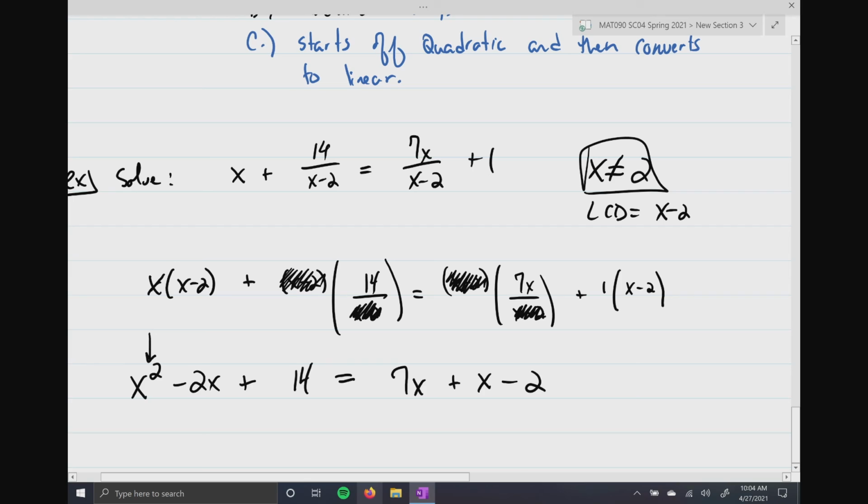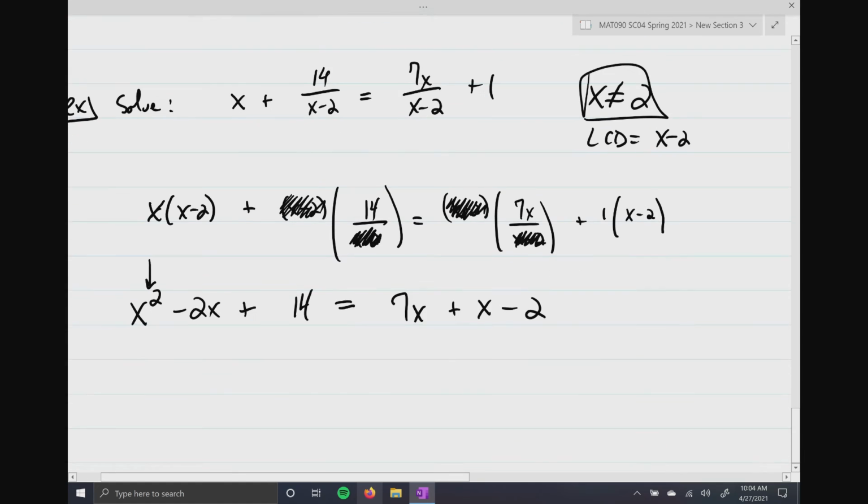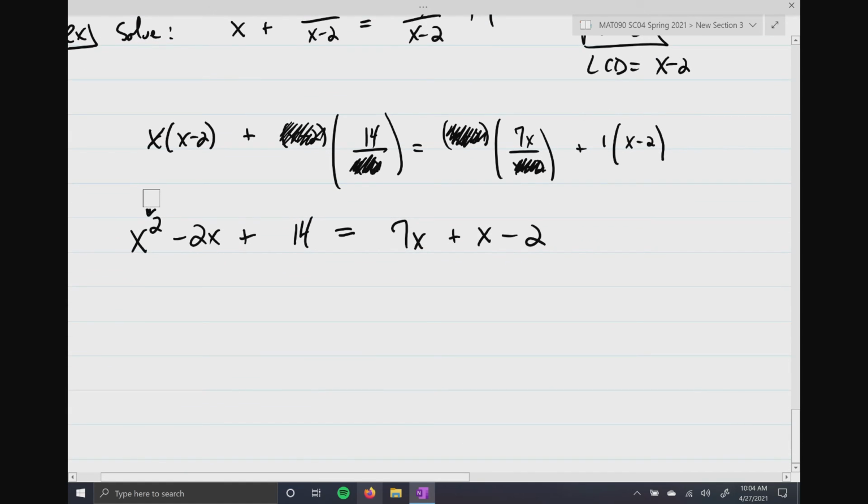So we already know if it's quadratic, get everything on one side, set it equal to 0. So that's exactly what I'm going to do. I'm going to look at the left-hand side and the right-hand side. I'm going to group like terms first. It'll make my life easier. On the left, there's nothing I can do.